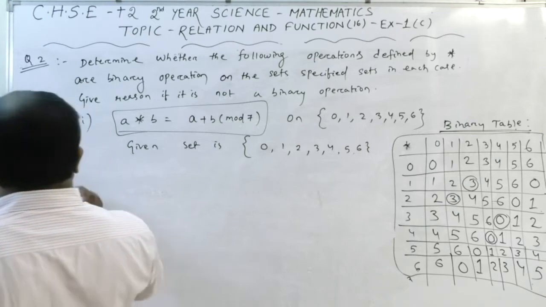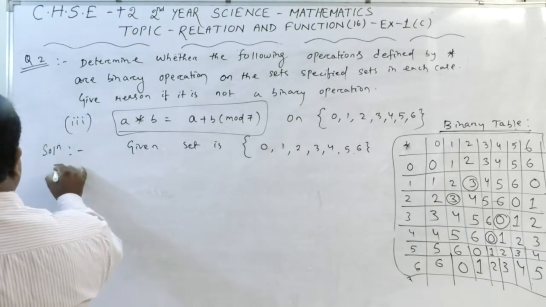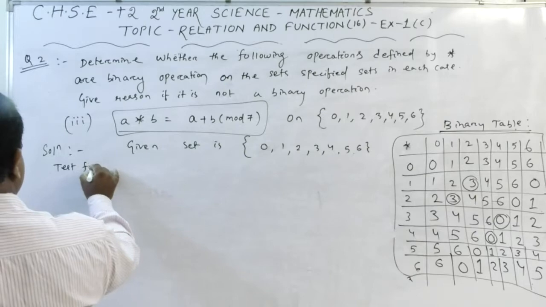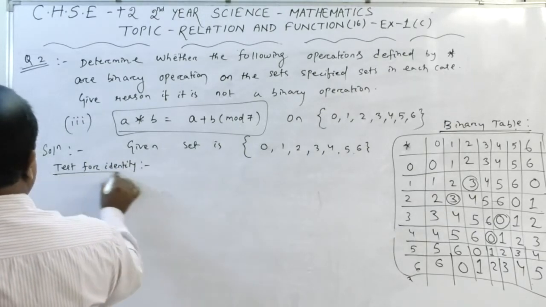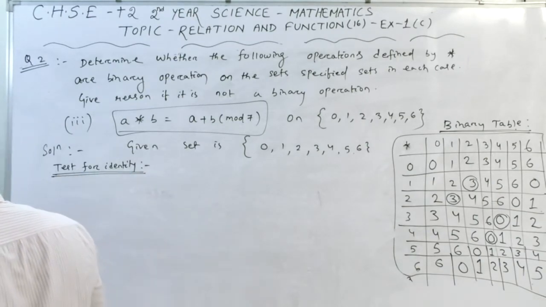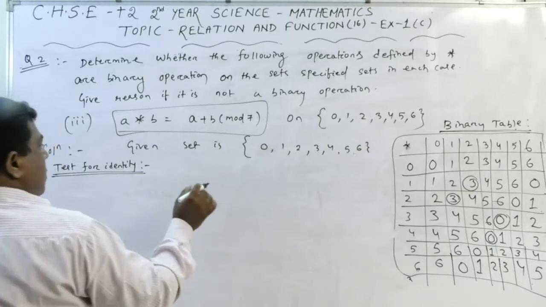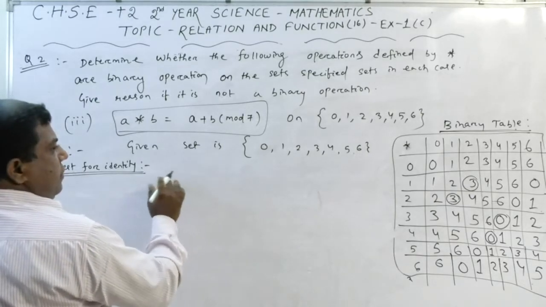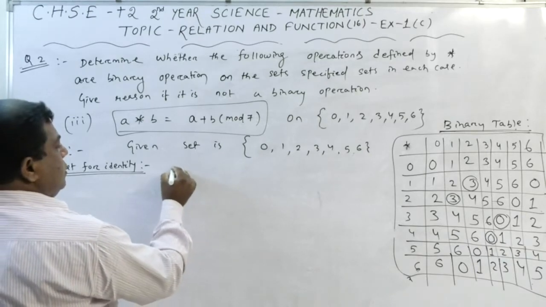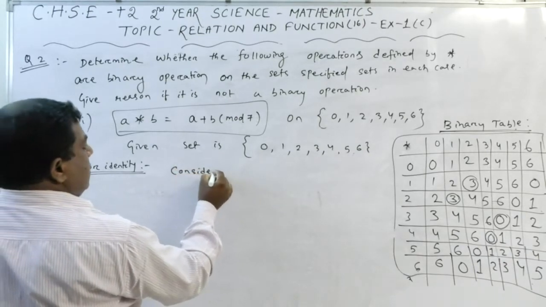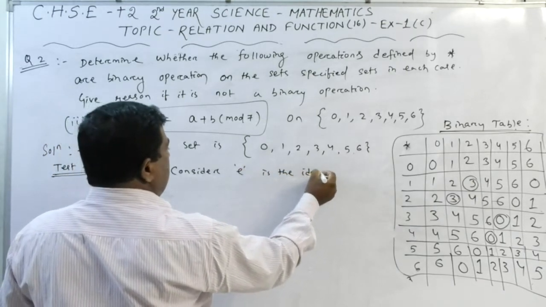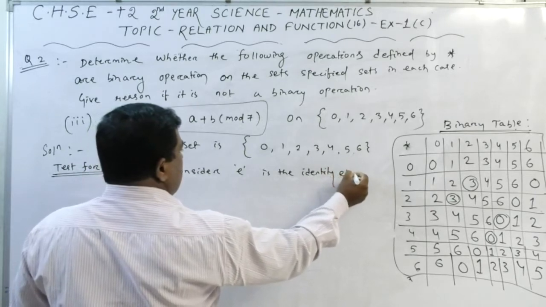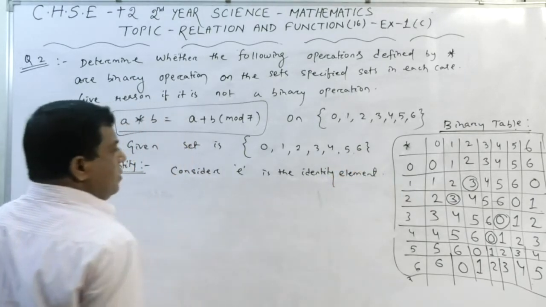So we do a test for identity. Consider E is the identity element.